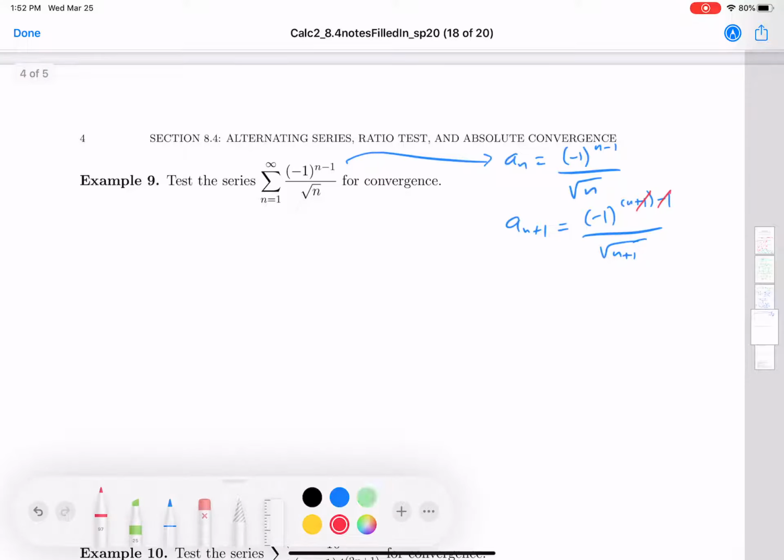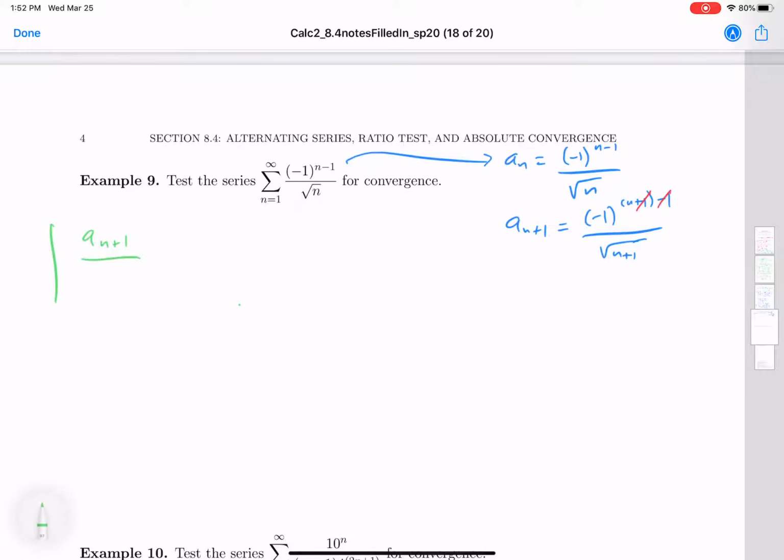All right, so what happens when I do my ratio test? The ratio test asks for the absolute value of a sub n plus 1 divided by a sub n. So in this case, that's going to be the absolute value of -1 to the n divided by the square root of n plus 1 on top, divided by -1 to the n plus 1 over the square root of n.